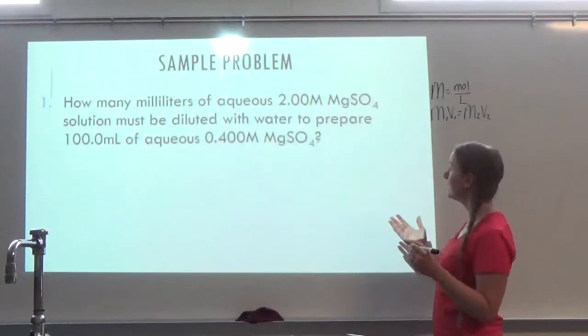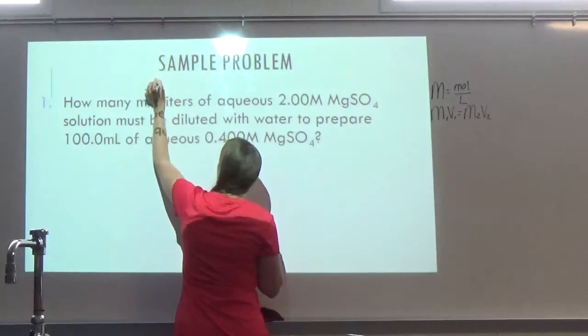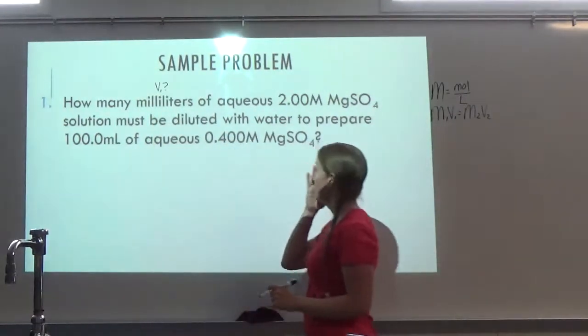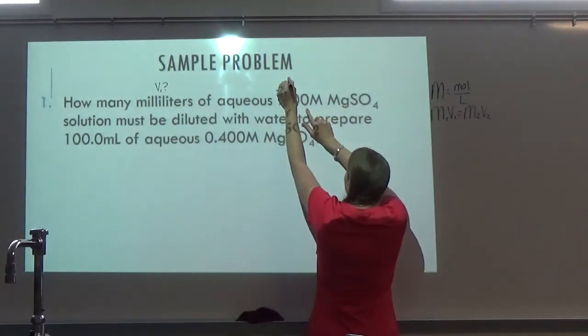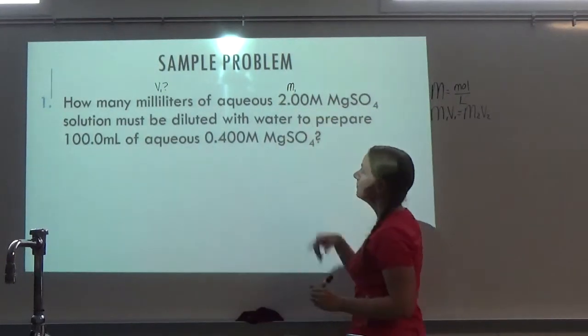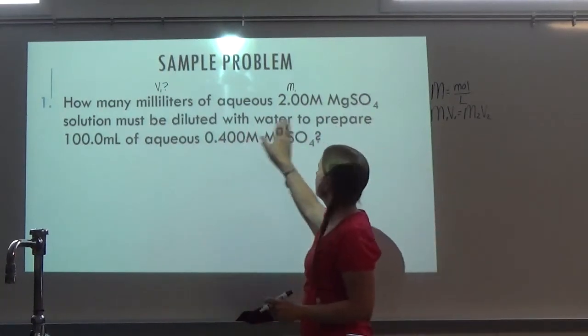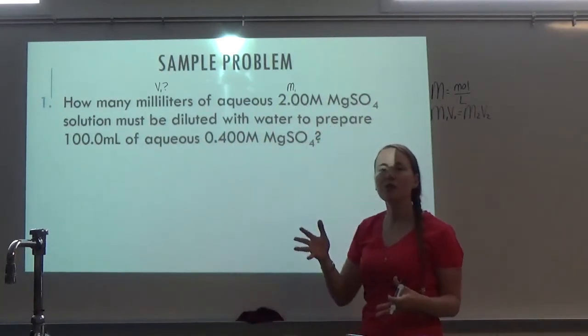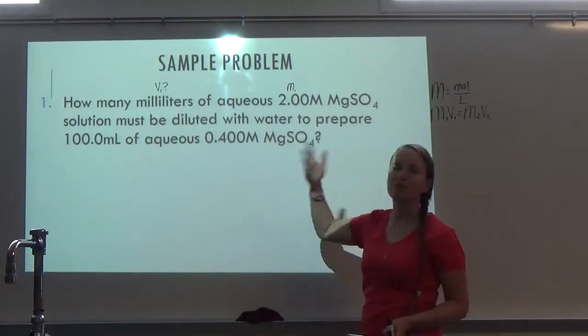So it says how many milliliters. So milliliters is a volume. So I'm going to put V1 question mark, just like gas laws, of aqueous 2 molar magnesium sulfate. So there is my first molarity, so my M1. Solution must be diluted with water to prepare. So see, we're making this part. So some of you have trouble figuring out where the 1s and the 2s are. In some of these questions, you just really have to read.